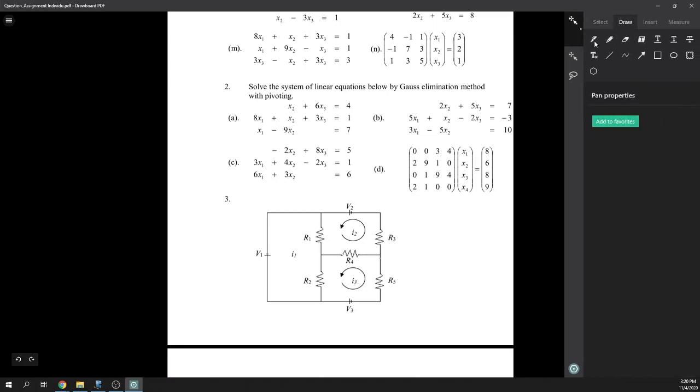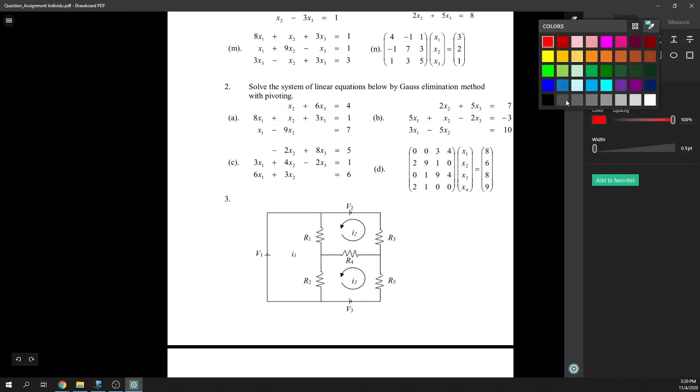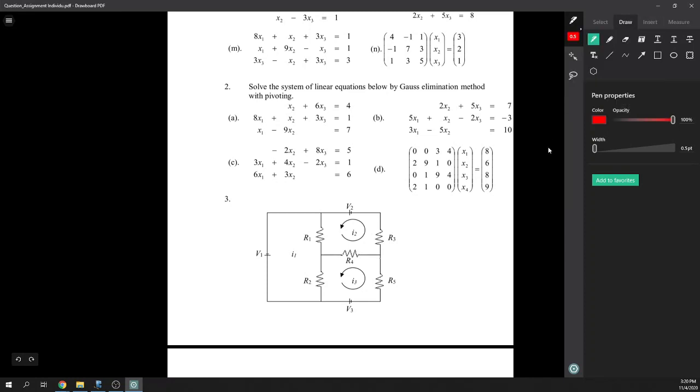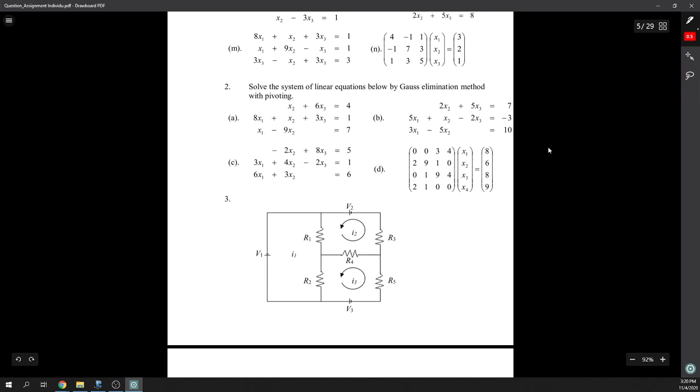Kita kena push you, baru you akan rasa macam stress. Bila you terstress, you akan all out. Itu yang saya nak cuba force you all lah. Okay, I think kita buat D ni kena.